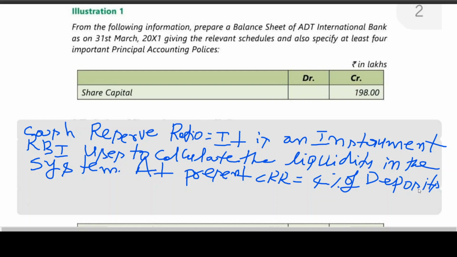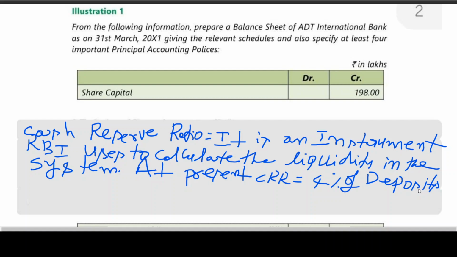The cash reserve ratio is an instrument RBI uses to control the liquidity in the system. Now, if you go for more CRR, then the bank's lending power will reduce, or the bank's investment power will reduce. This is one point they give you in the problem. I think this is to be calculated.